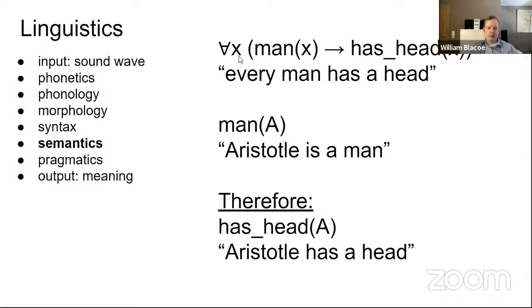So here X is a variable, and for every X, if X is a man, then X has a head. A is a constant, and this expresses that A is in the set of all men. And this is the consequence of taking the two premises together. A is in the set of all entities that have a head.